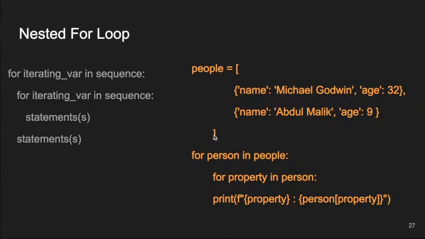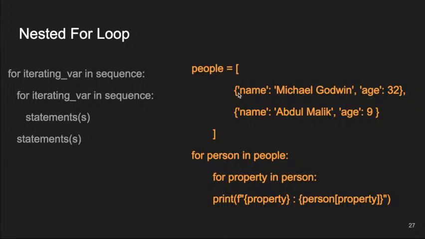And what does this list contain? Well, it contains dictionaries, because of these curly braces. In this case, there are two dictionaries. So we know that people is a list of dictionaries.